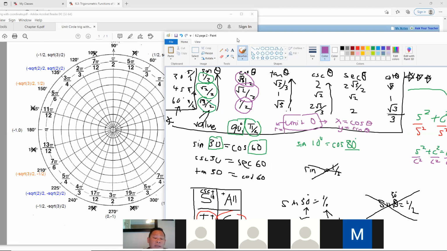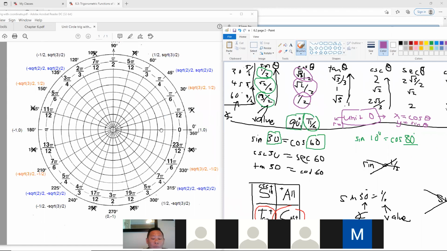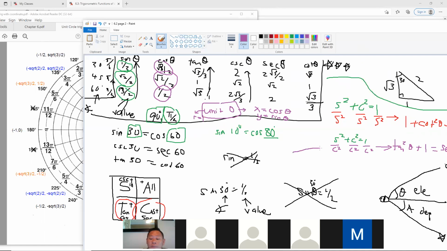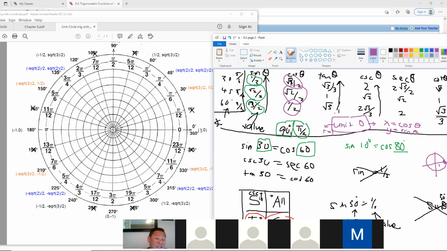Okay, so when you have a value on the 0 degrees, since your radius is 1, the 0 degrees is right here. So the coordinates in this case will be 1, 0, where your x is 1 and your y is 0. So you will have 1, 0 at your 0 degrees here.